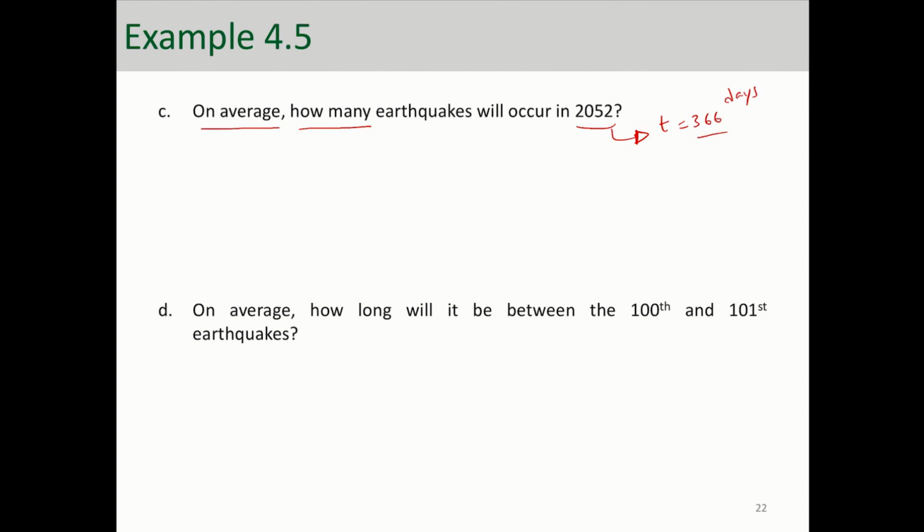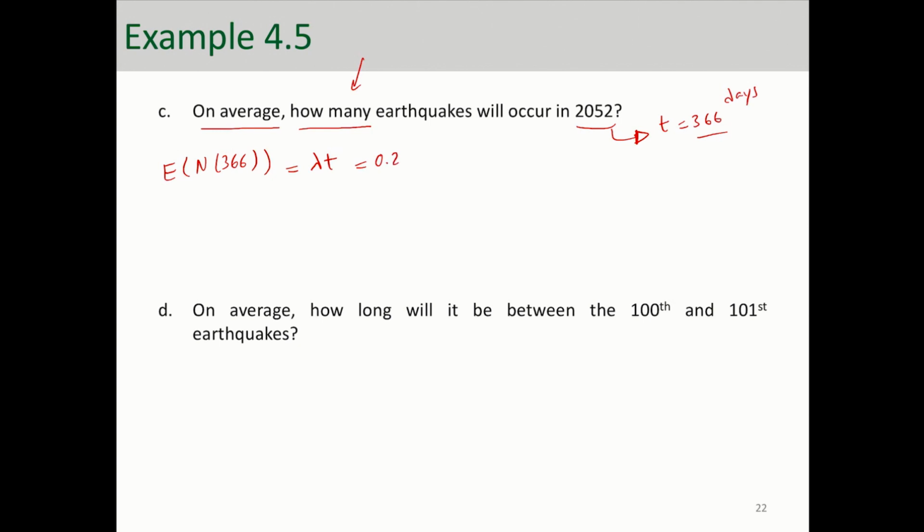So again, you're calculating an average or expected value of a Poisson random variable because it's referring to how many, not how long. How long, or the time between arrivals, is exponential, but here it is Poisson. So we're doing the expected value of N of 366 days. And you know that it's equal to lambda t, the expected value of Poisson.